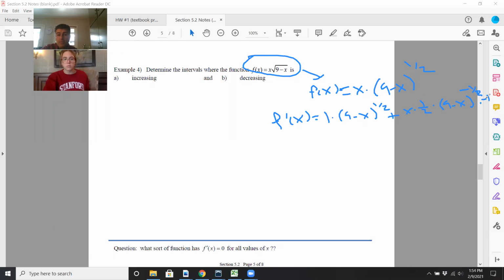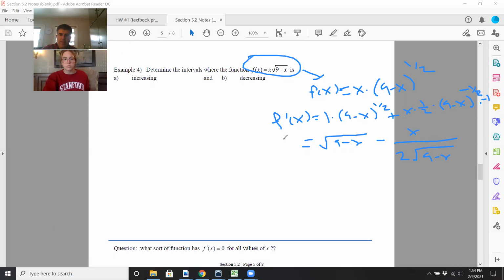You've got to do a chain rule, right? The inside is 9 minus x, so times negative 1. So in this case, you're going to have root 9 minus x, minus x over 2 root 9 minus x. I believe I've done that correctly so far.